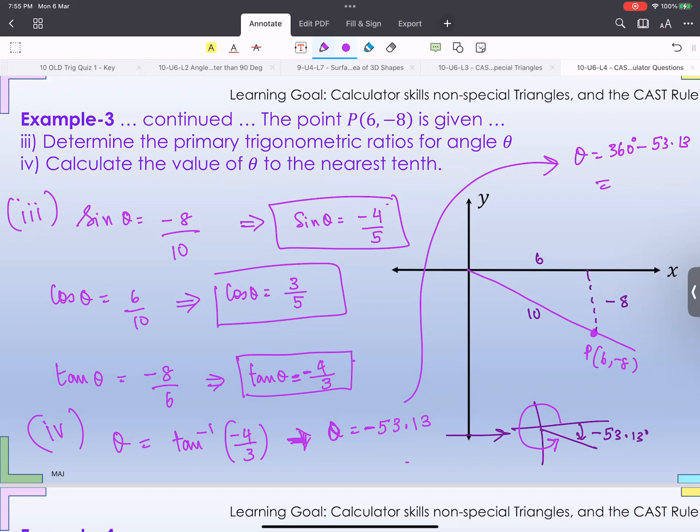All right, 360 take away 53.13, and that is 306.87. Or you could round it to 3 significant digits and say it is 307 degrees. So that is your answer, in 3 significant figures.